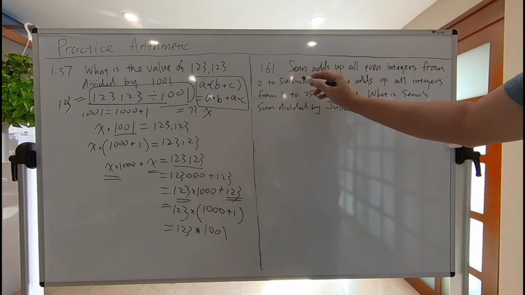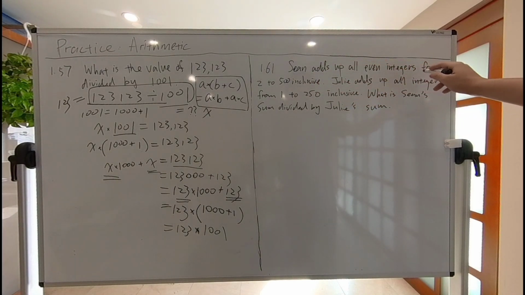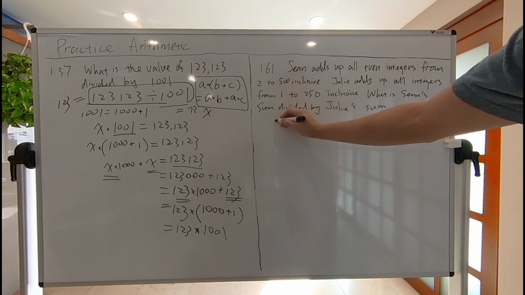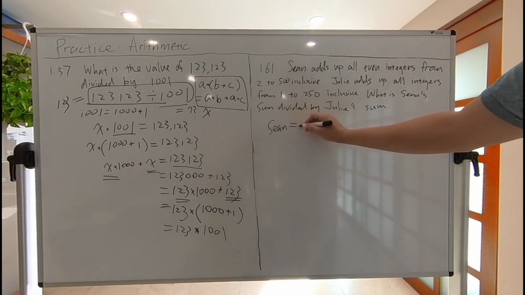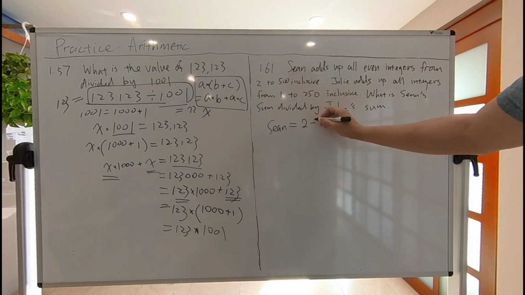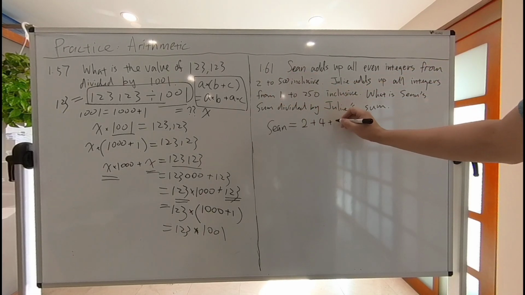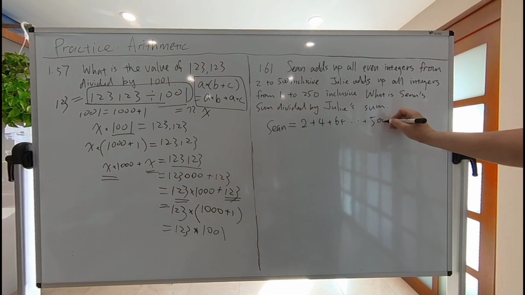Okay, so let's see the next question. Assume that Sean adds up all the even integers from 2 to 500 inclusive, which means it includes the number 2 and the number 500.